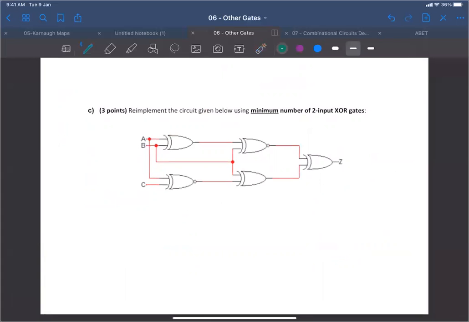Okay, so let's start by marking the output of every gate here. The output of this one here is A XORed with B. Simple, right? What about the other input of this one here? It is coming from B, right? So what is this now at the output?